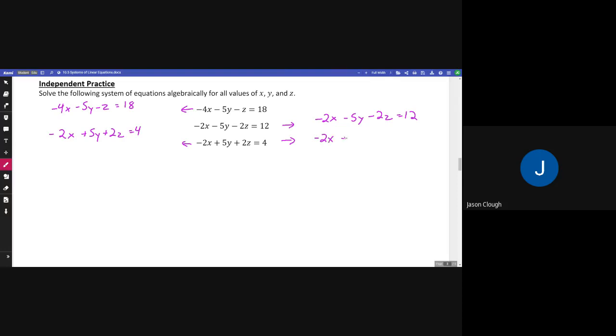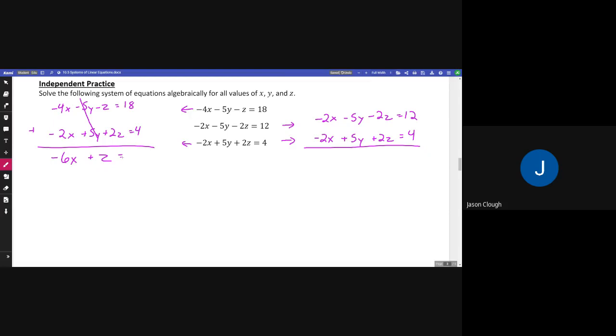One thing you may notice is that while I do these questions, I always like to try to get it to the point where whatever I'm canceling, one is a negative and one's positive. So negative 4 plus negative 2 is negative 6x. The 5y's drop out. Negative 1 plus 2 gets me plus 1z.